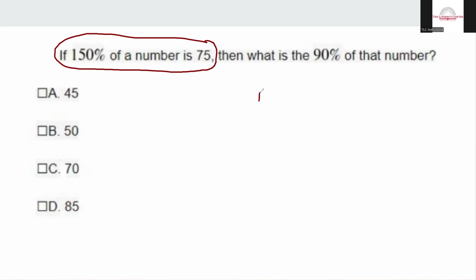And our percent formula says 150 over 100 is going to be equal to is over of. 75 goes in the is position. And of is what we're trying to find, of a number, so we put an x down here. And then we cross multiply and solve to figure out what our number is.